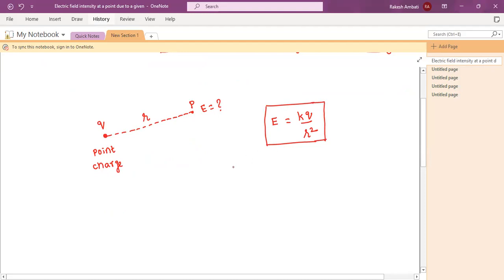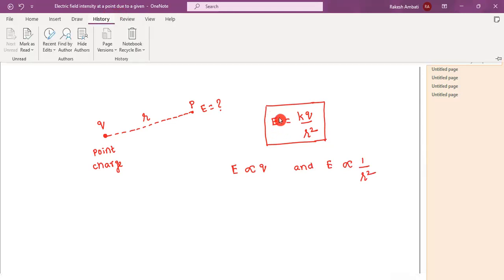In this equation, electric field intensity is proportional to Q and proportional to 1 upon R square. So electric field intensity is directly proportional to the magnitude of the charge, and inversely proportional to the square of the distance.